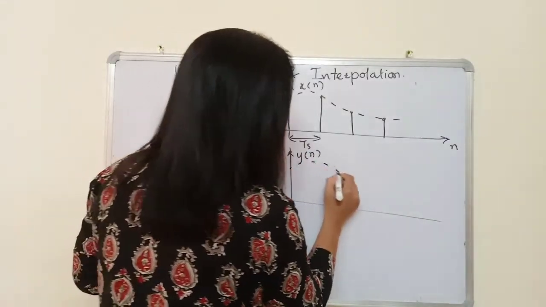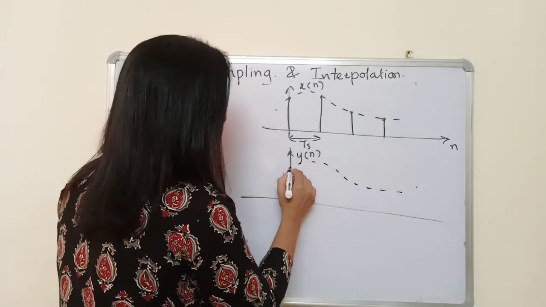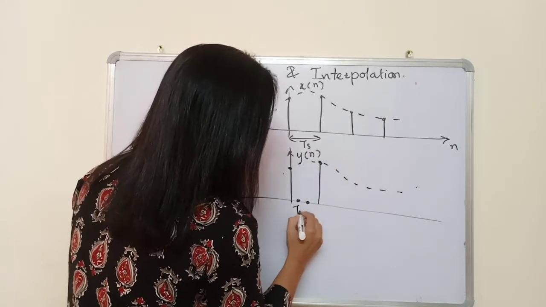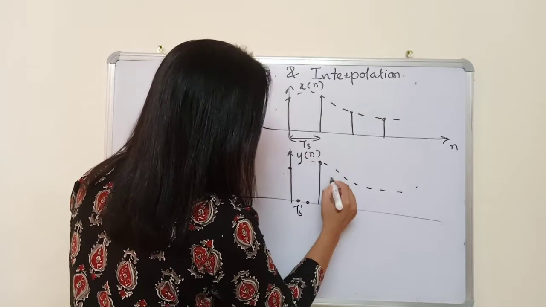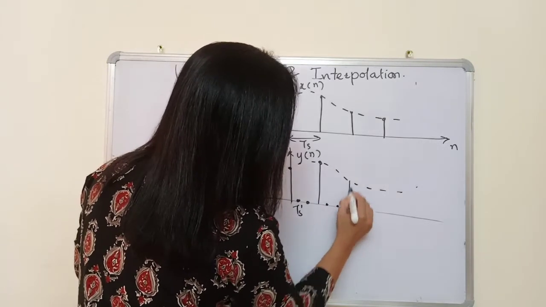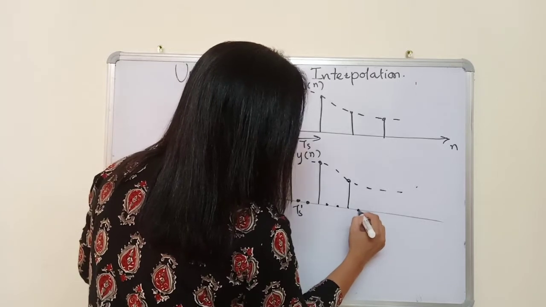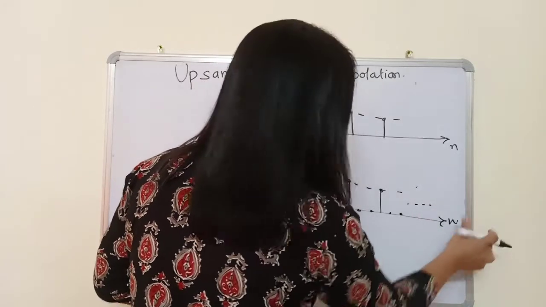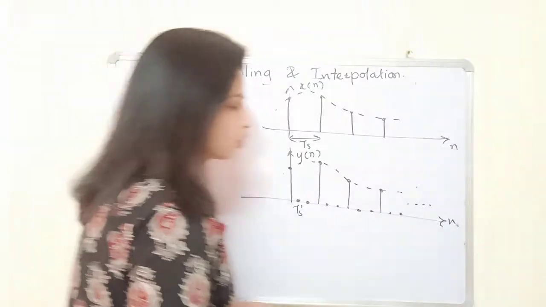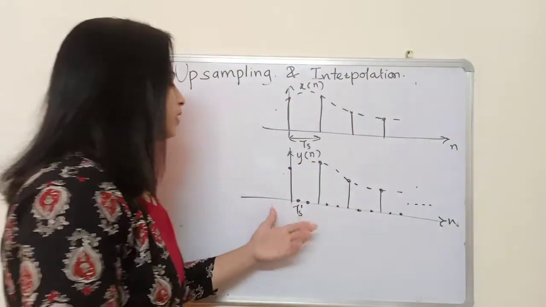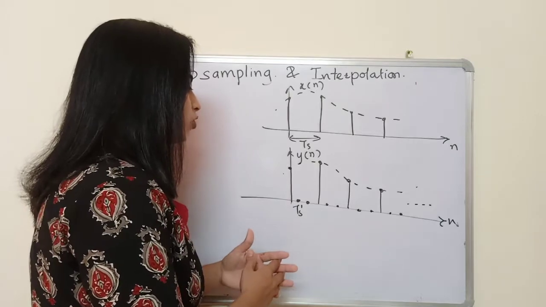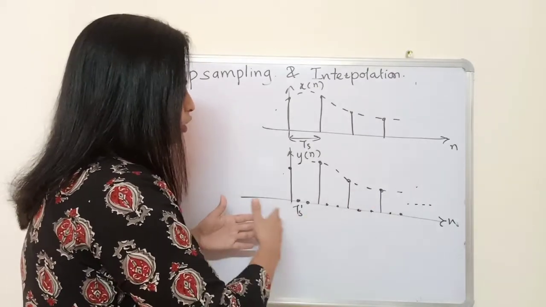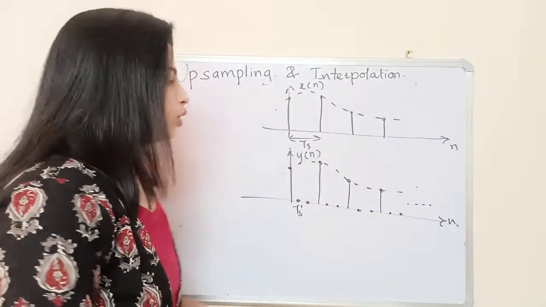For example, we'll insert 2 zeros like this, and then this sample. So this new sampling interval is Ts dash. So here we'll insert zeros like this, it will go on, and this is y of n. So actually we are inserting zeros, so the signal is an expanded version if you are going to deal with the same rate. So we are increasing the number of samples, so we are expanding the signal.